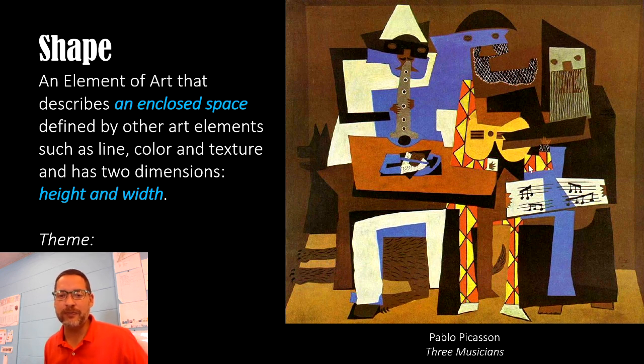So this is Pablo Picasso's work of art right here. It's called The Three Musicians. Now, Picasso was what's called a cubist, and what a cubist did was they looked at the same scene from many different angles, and rather than trying to draw it from one perspective, they tried to incorporate all those different perspectives into one drawing.